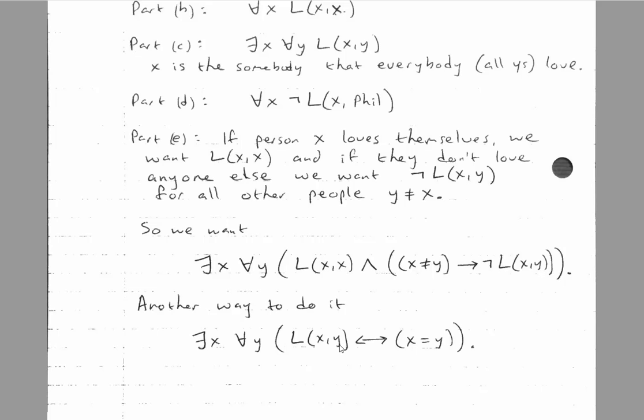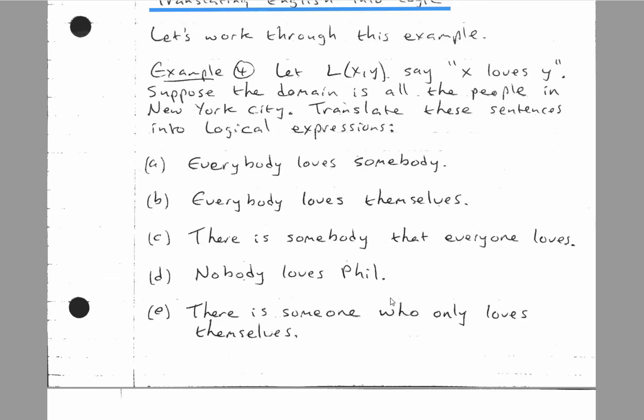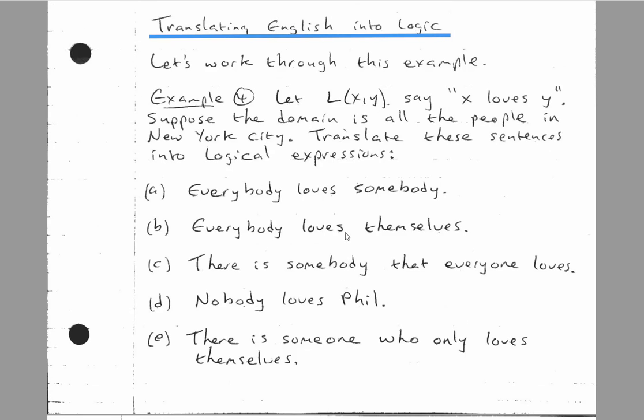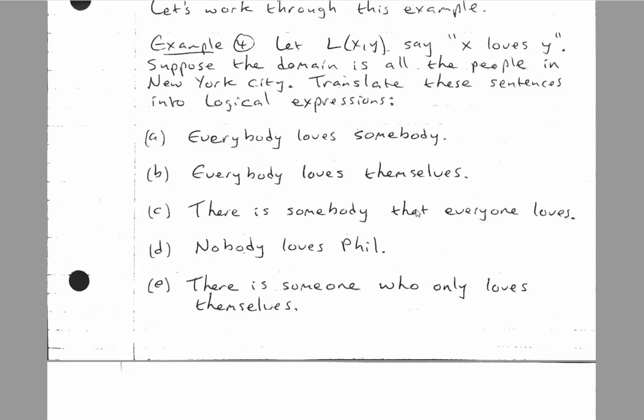So x loves y if and only if that y is themselves. Alright, I hope you're getting the idea. So maybe this is the more difficult version, translating English into logic.